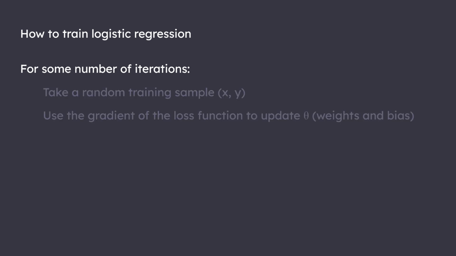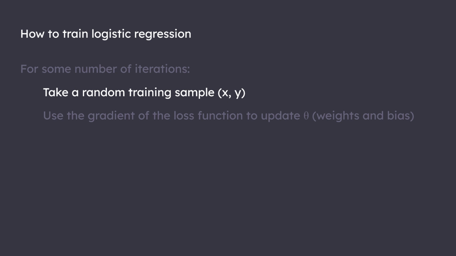We will do the following steps for some number of iterations. This can be an arbitrary number, and the number of iterations is referred to as a hyperparameter. A hyperparameter is any parameter that we adjust between training sessions to attempt to improve training.